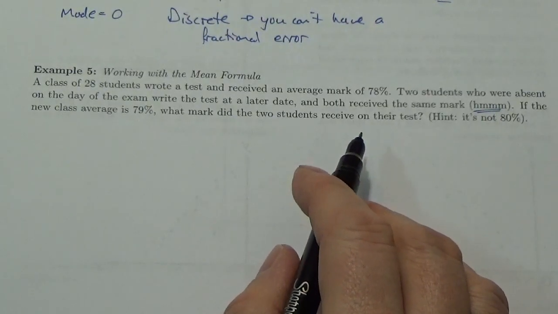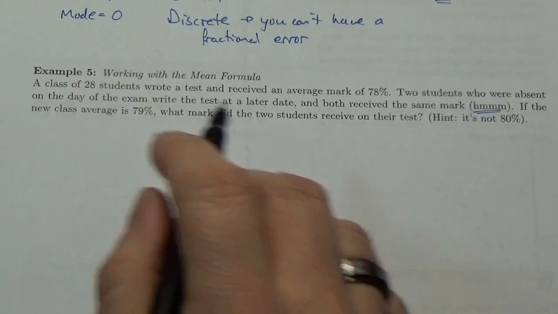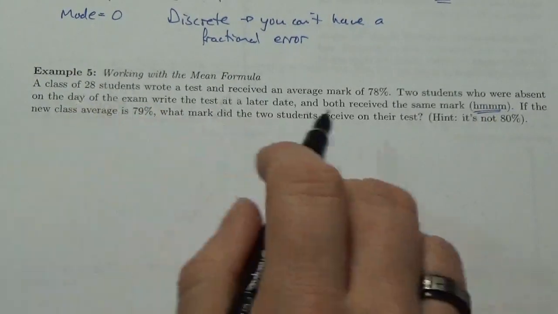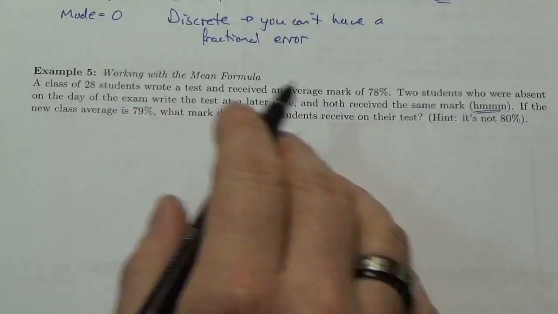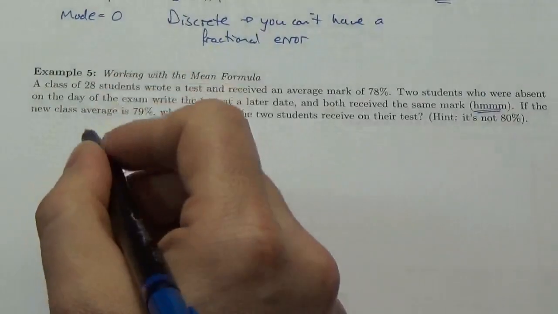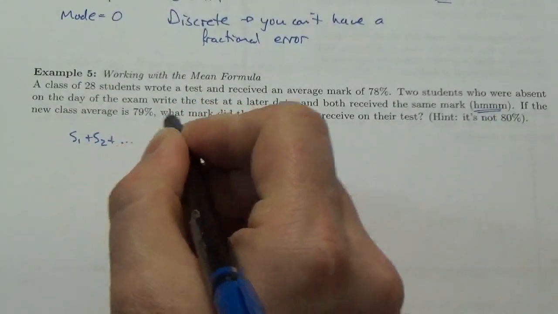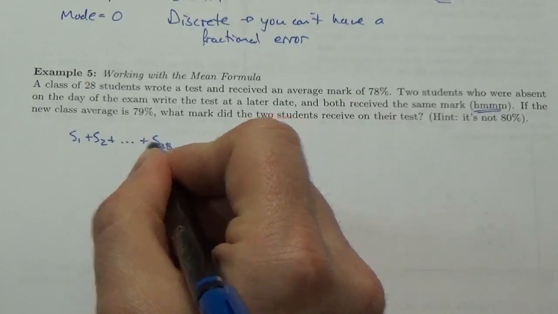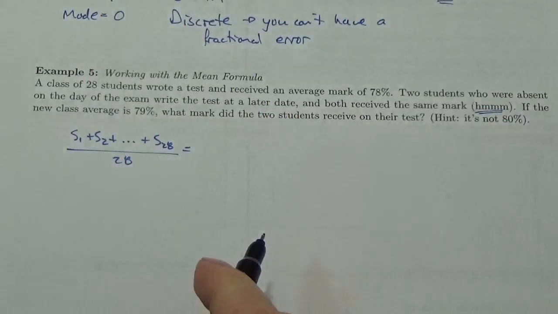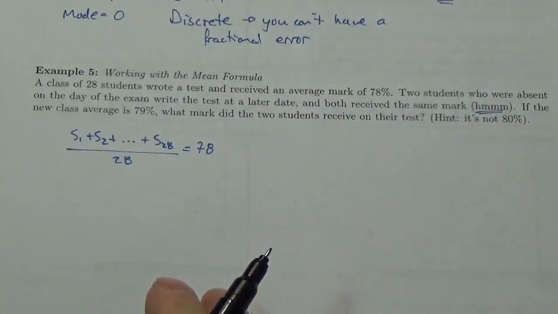Okay, so what we've got here is 28 students, and when you found the average of that it was 78%. So let's say we've got student 1 plus student 2 plus ... plus student 28, and when we divide it by 28, we're getting 78%.